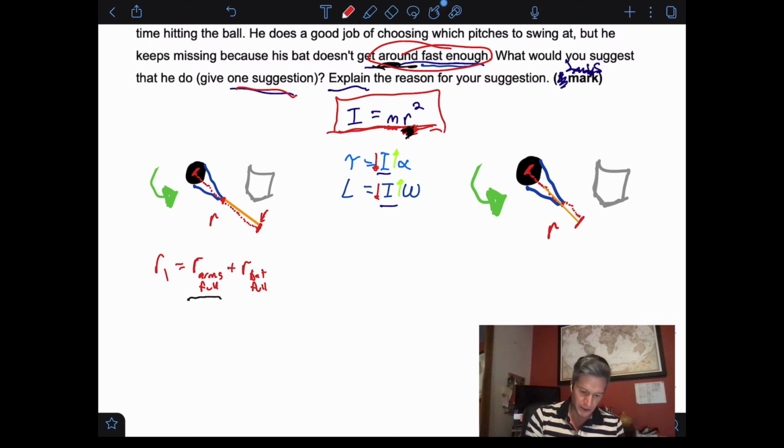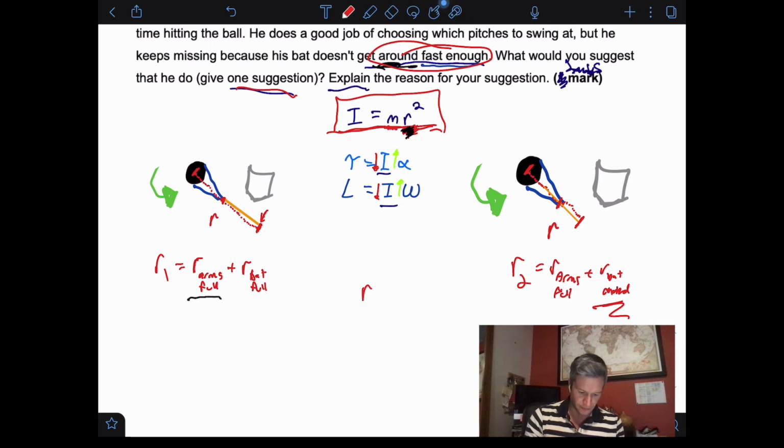So in our second scenario, R2, the length of the arms at full, plus the R of the bat choked, as in you choke up on the bat, so half of that length, is going to be a lot less.